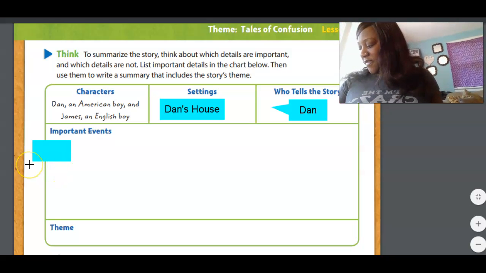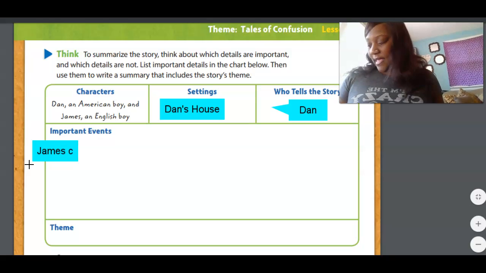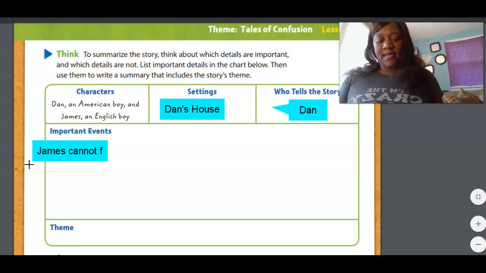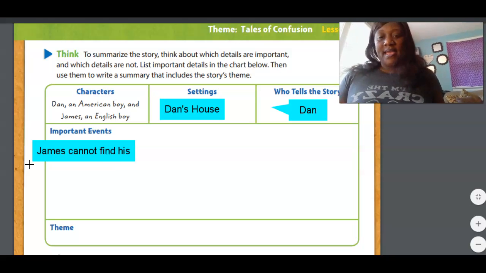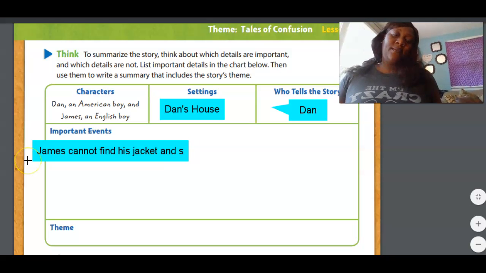The first important event that I can spot is James cannot find his jacket and says, what does he say?